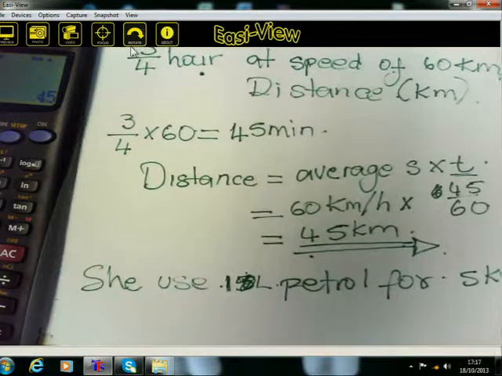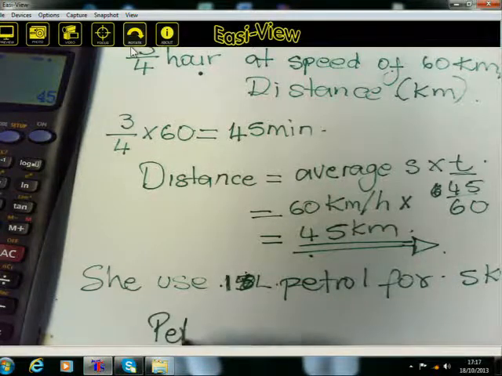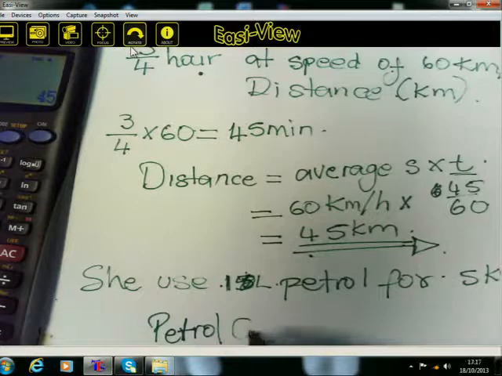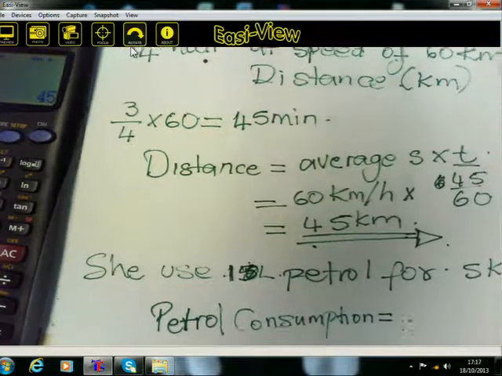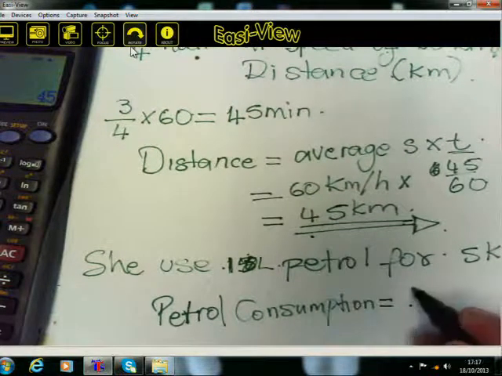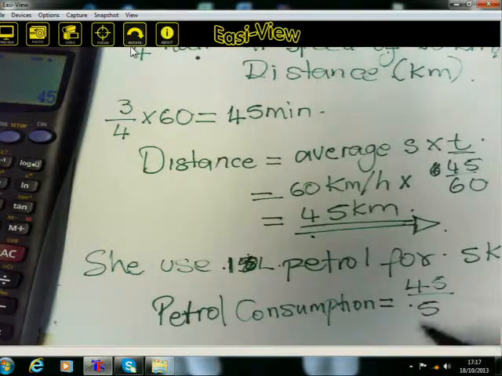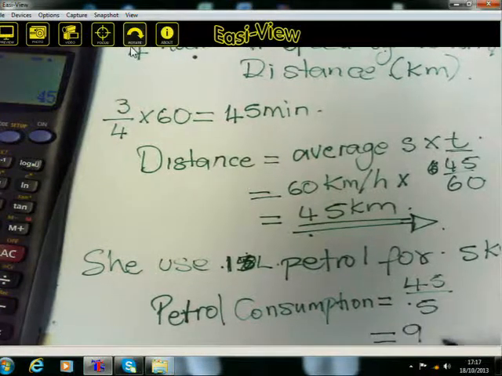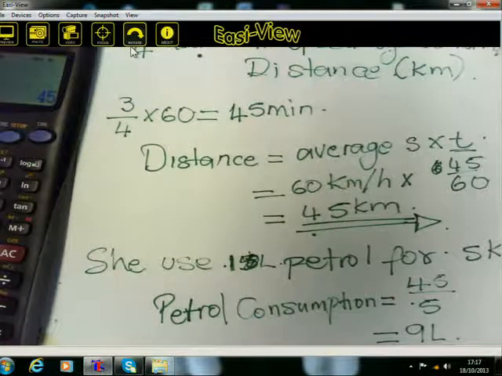Therefore, we are looking for petrol consumption. Petrol consumption equals 45 kilometers divided by 5 equals 9 liters.